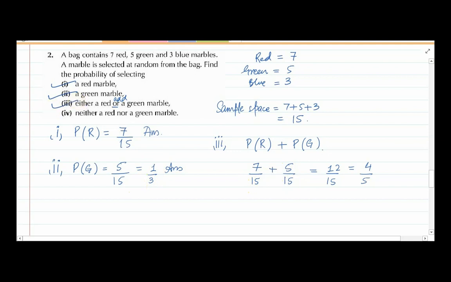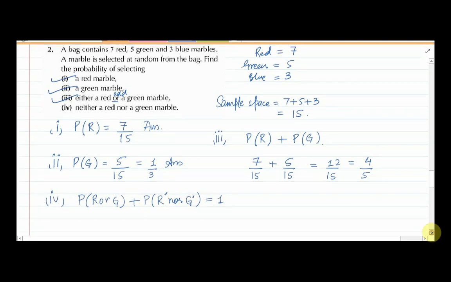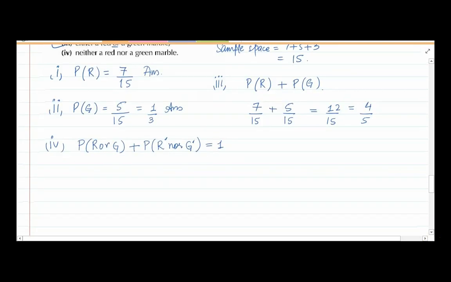And after that the last part, fourth one, neither a red nor a green marble. So we know that probability that is red or green plus probability that it is not red nor green is equal to 1. The same concept we have used in the last part.